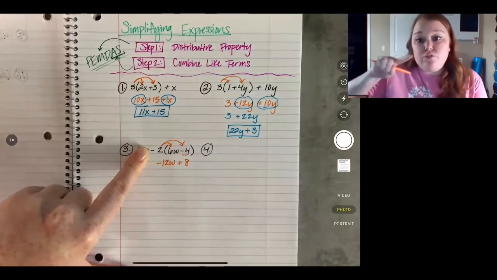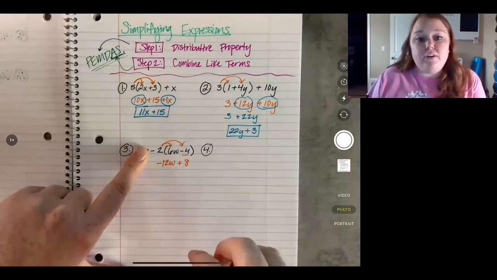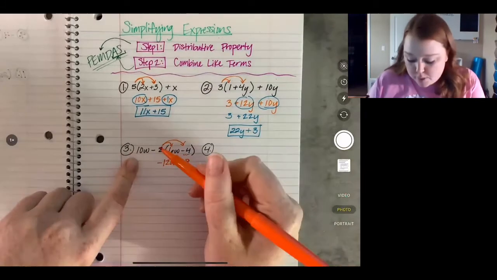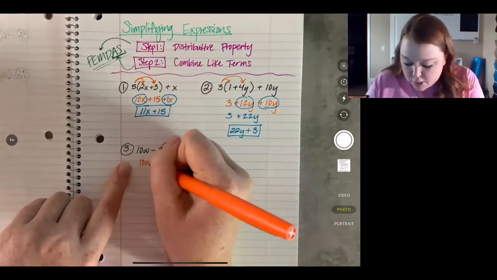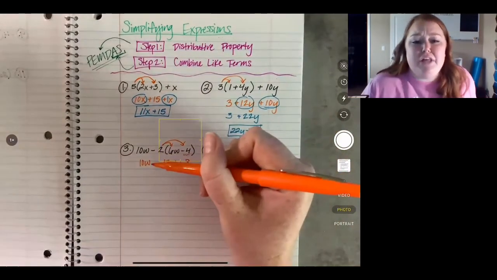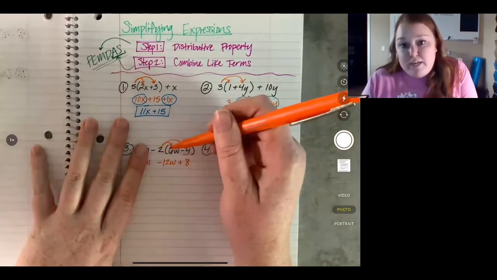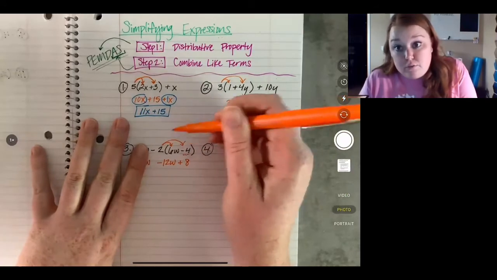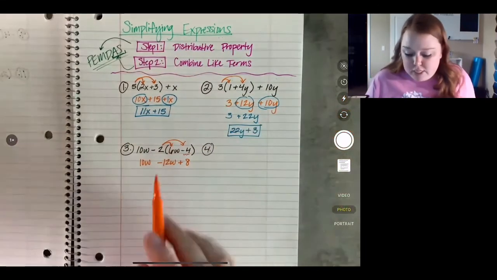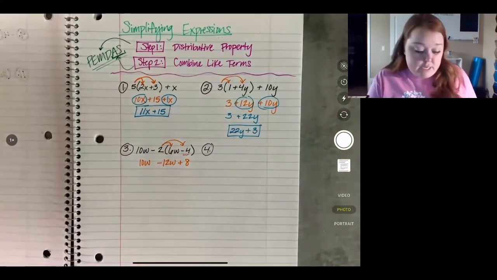So we did the distributive property. Now you're going to drop down anything that was unused. So I'm going to drop down the 10w. Notice how I didn't drop down another subtraction sign, because that was combined with the 2 when you multiplied it through. Okay. So now I have 10w minus 12w plus 8.